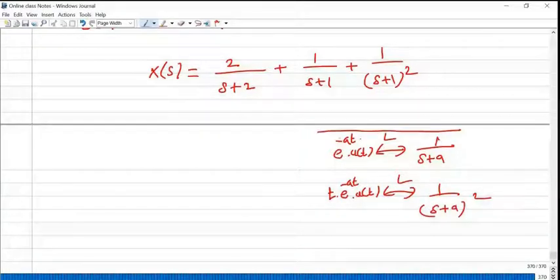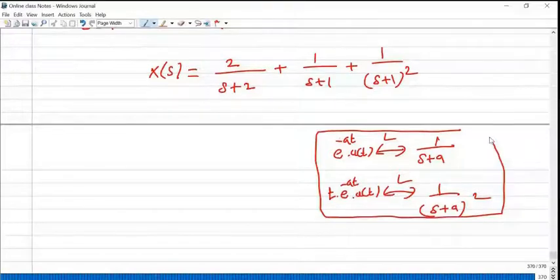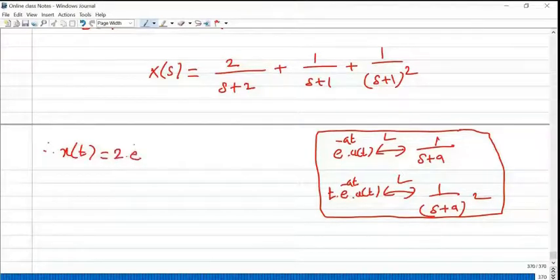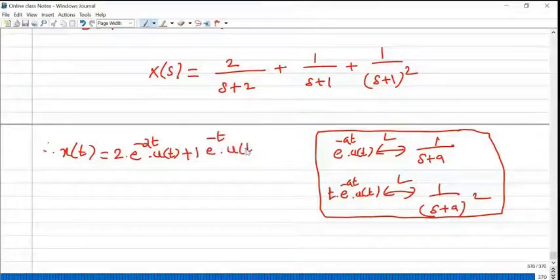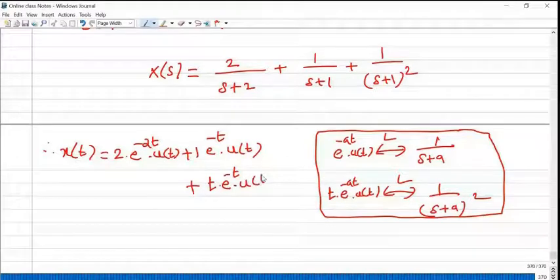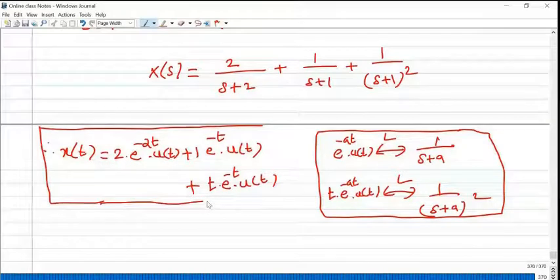So these two formulas we are going to use here. So the inverse Laplace transform x(t) = 2 e^(-2t) u(t) + 1 e^(-t) u(t) + t e^(-t) u(t), where a value is 1. So this is my result, the inverse Laplace transform for the given equation.